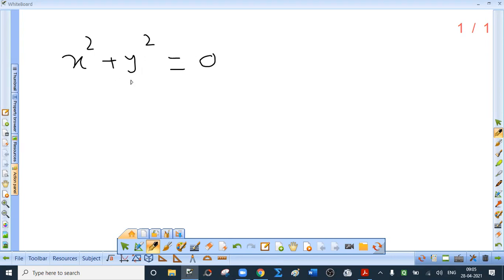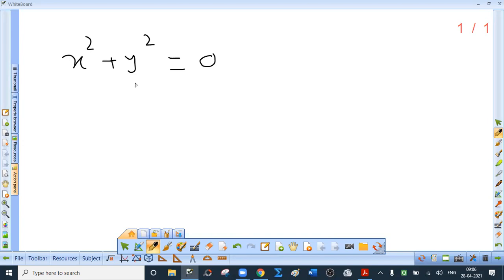Therefore, the combined equation of a pair of lines passing through origin is a second degree homogeneous equation in x and y, but every homogeneous equation of second degree in x and y need not represent pair of lines.